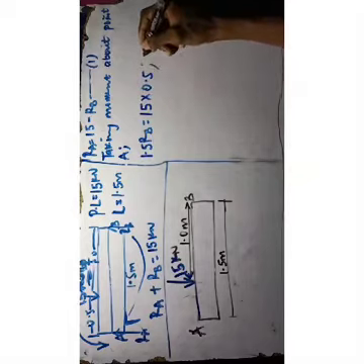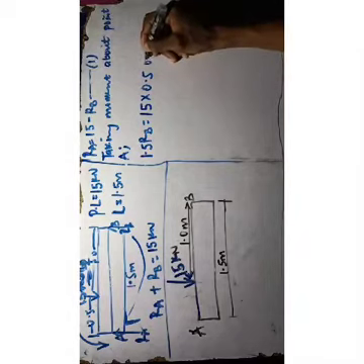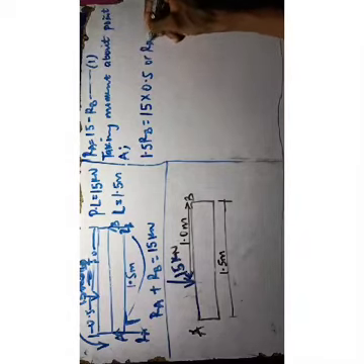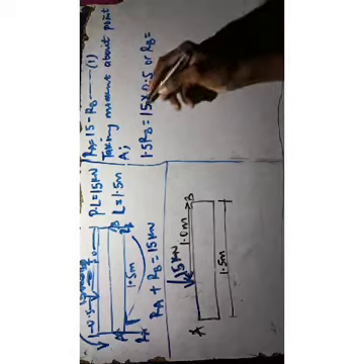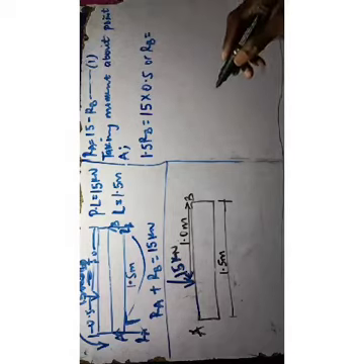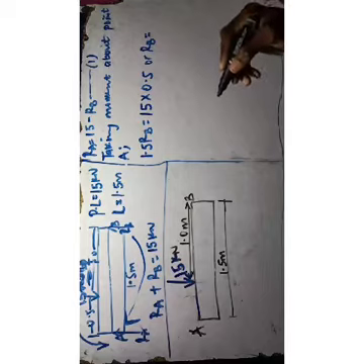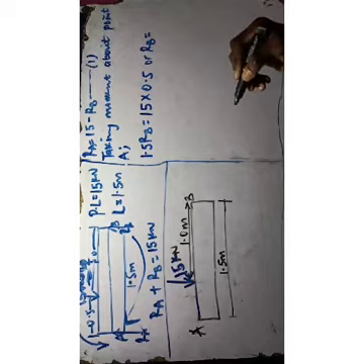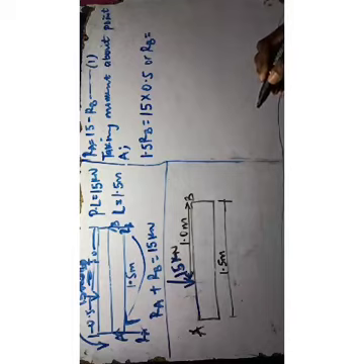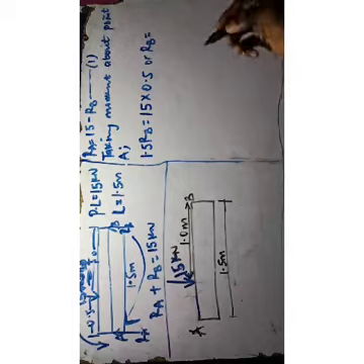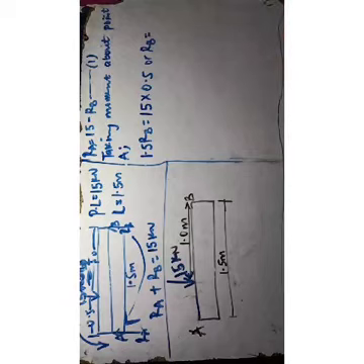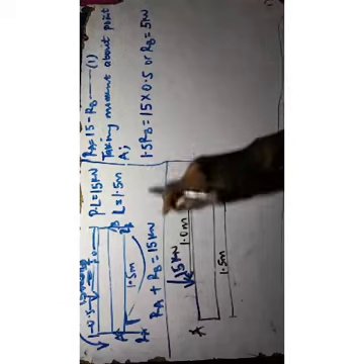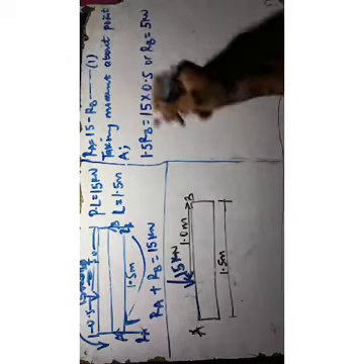So therefore I can say RB equal to 15 times 0.5 then divided by 1.5. A simple calculation, you can do well to get 5 kilonewton. Then you can substitute in your equation 1 to get RA.